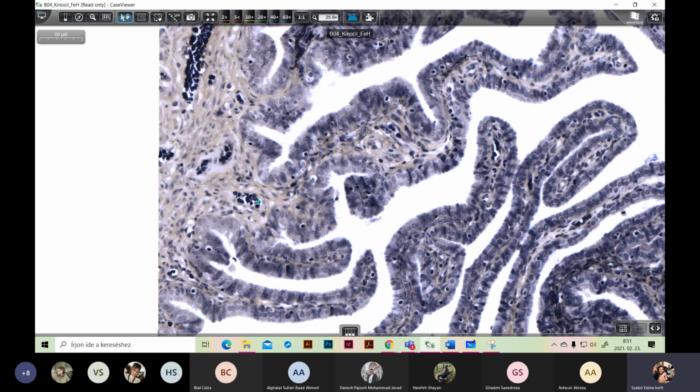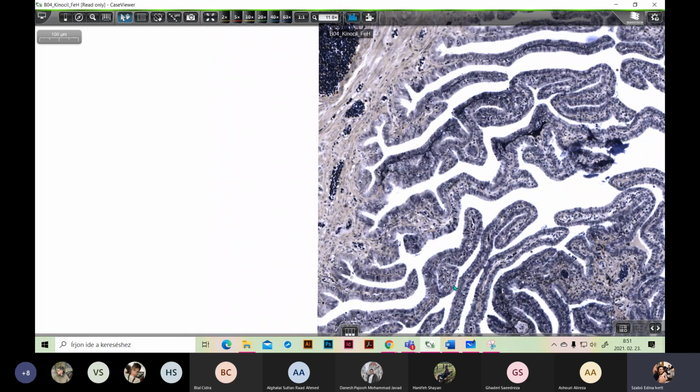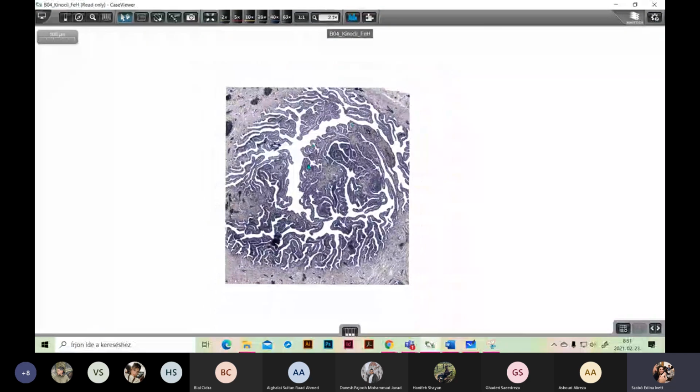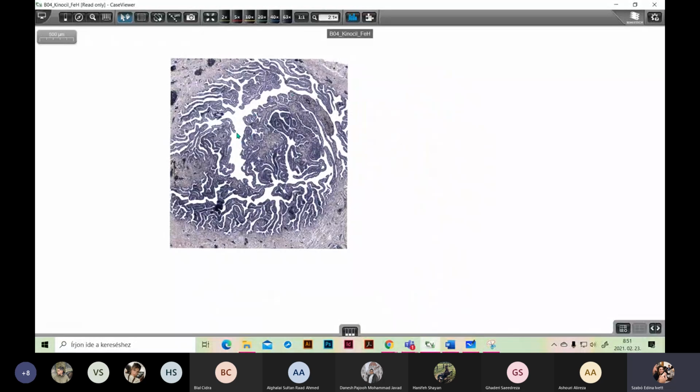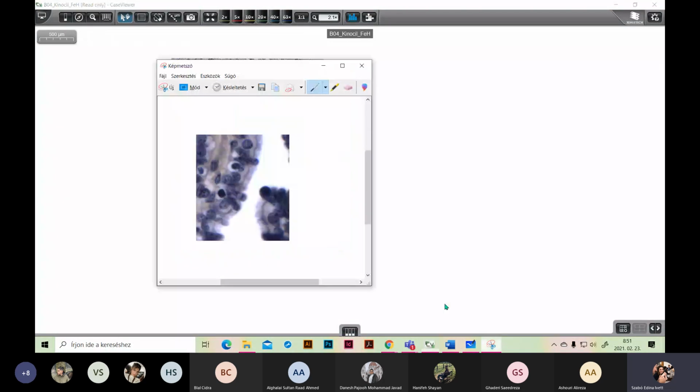Okay. And in case of this slide, there are two clinical importances that should be mentioned. The first is connected with the folded epithelium. If we see this folded epithelium, it has a very narrow lumen. I take a photo from this.